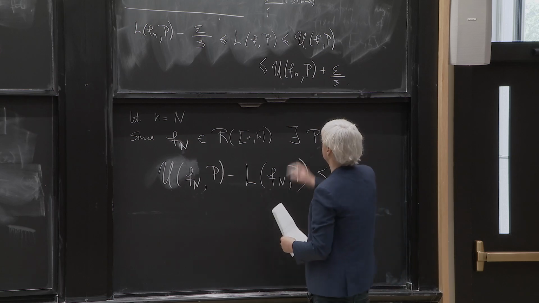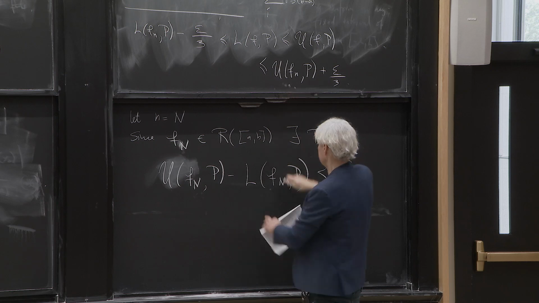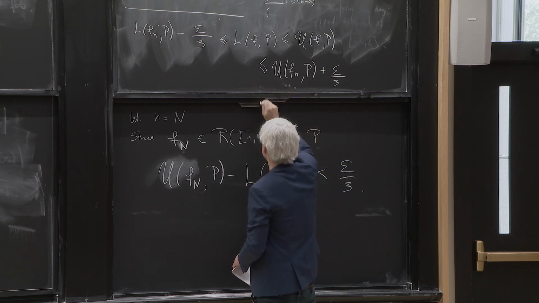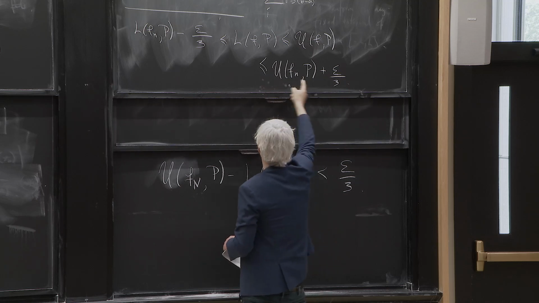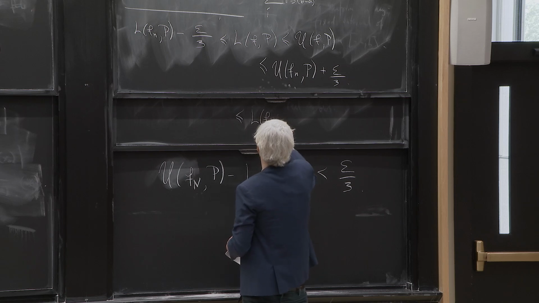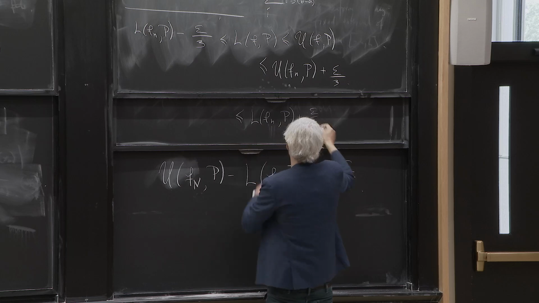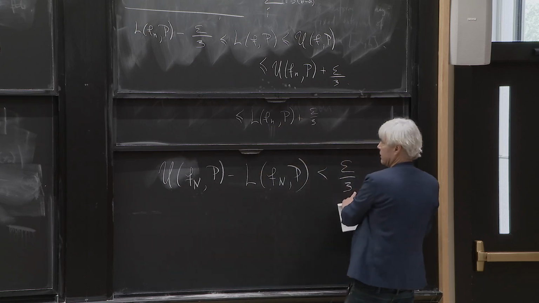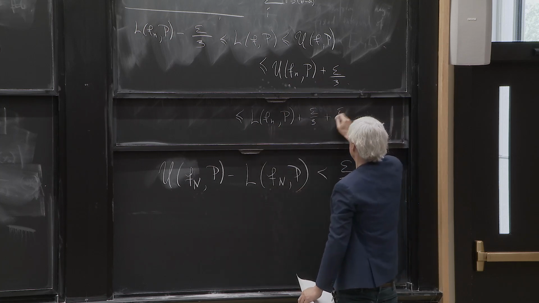And so this means that this inequality just tells you that this is less than L Fn P plus epsilon over 3. This is coming from moving this over to the other side, then you have that this is bounded by that, and then you have another epsilon over 3.